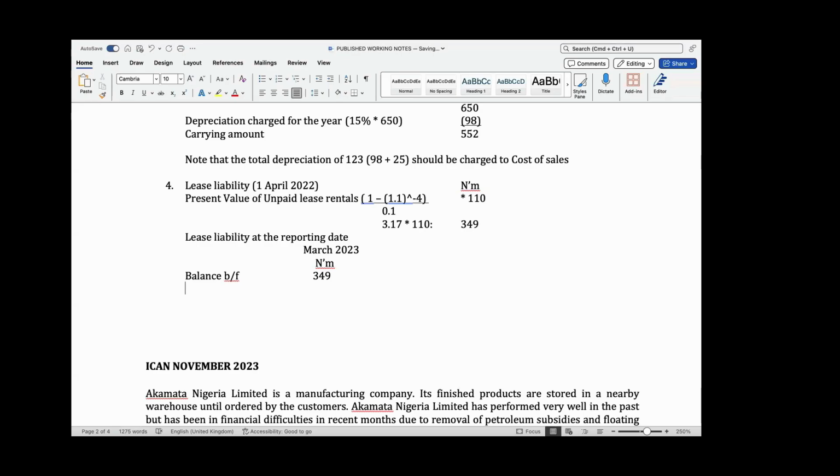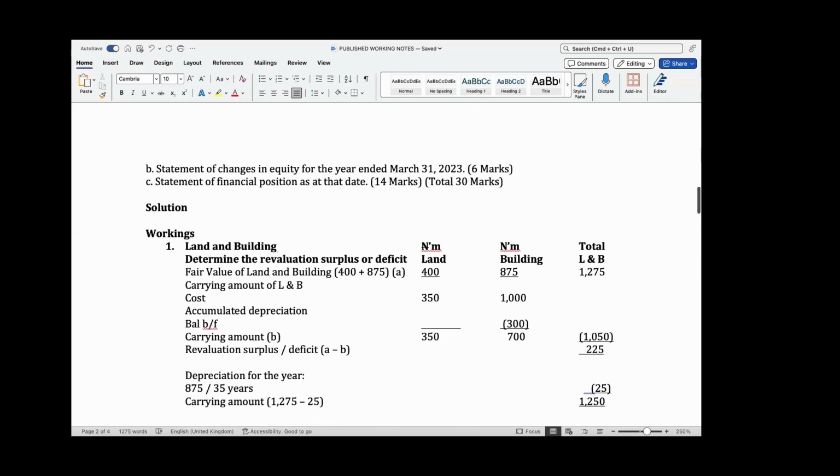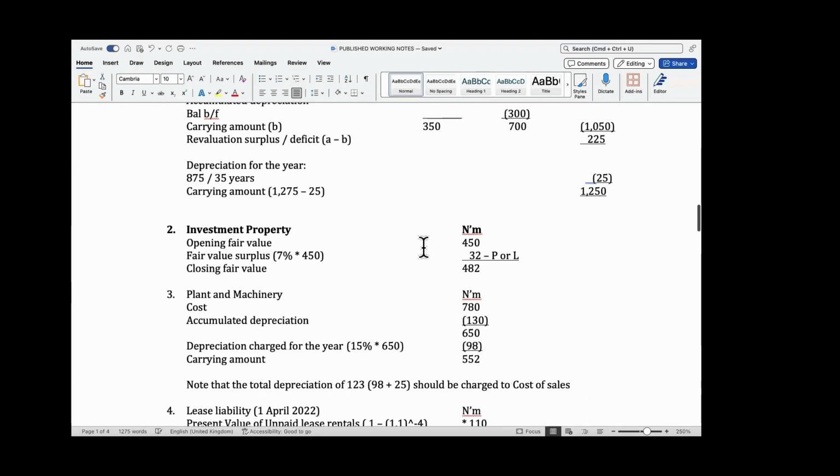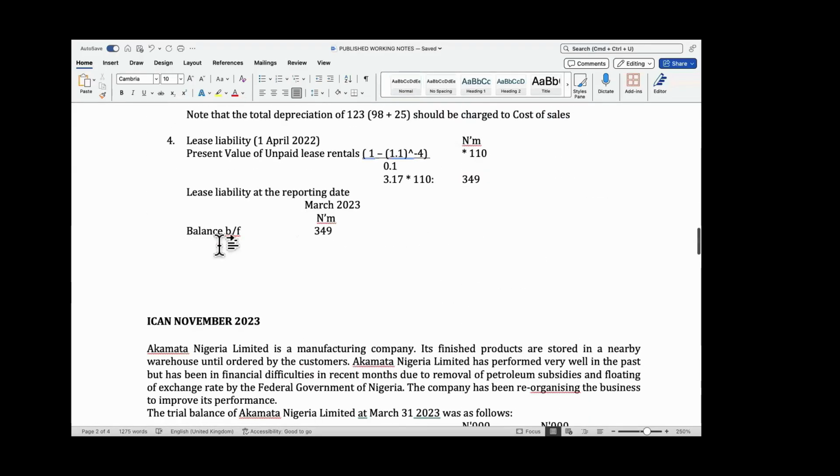Then, since the rent is paid in advance, if you remember what I taught you, you are going to have to deduct the rent before calculating the interest. Mingbo? We remove the rent before calculating the interest.